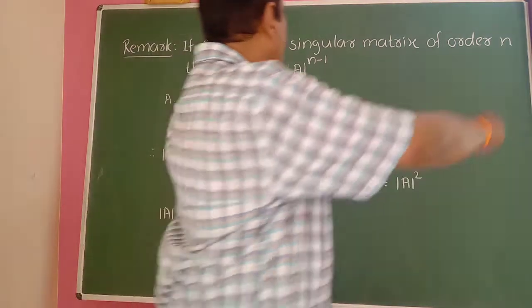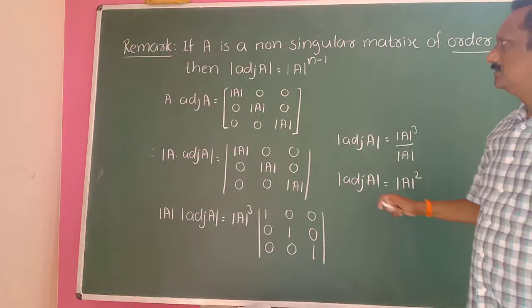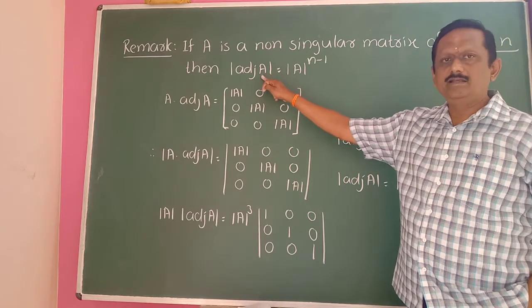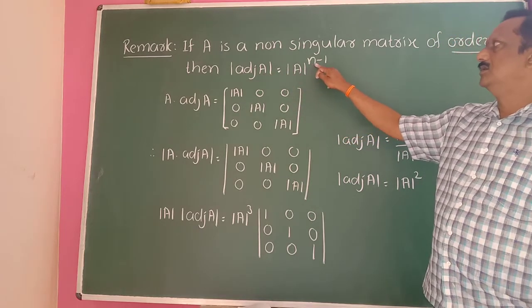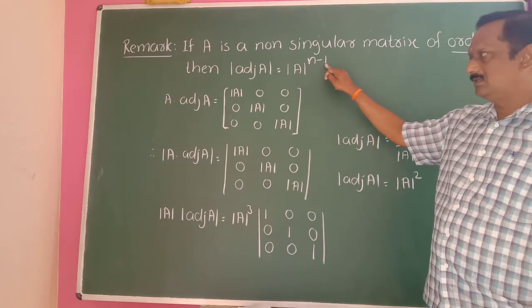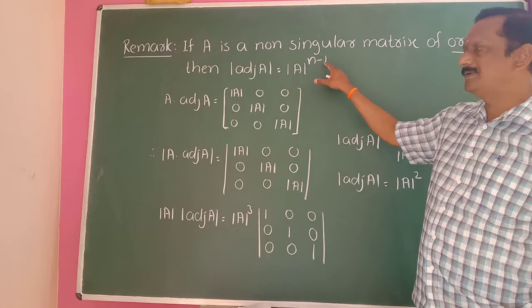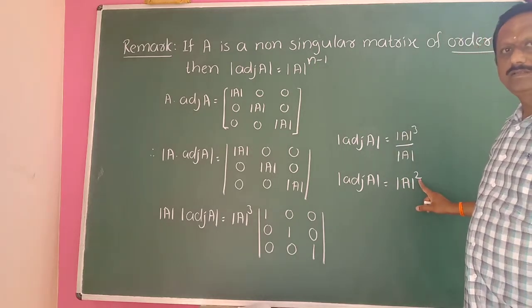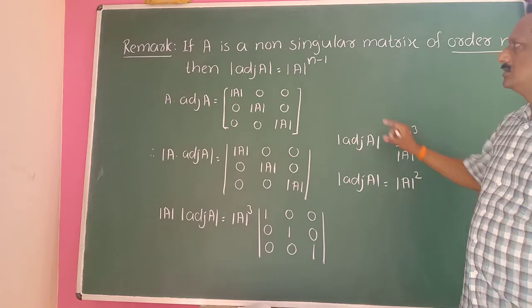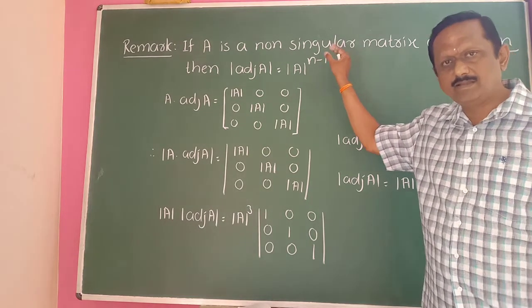If the matrix is of order n, then obviously determinant of adjoint of A is equal to determinant of A raised to n minus 1. Here it is a matrix of order 3, therefore 3 minus 1 becomes 2, so determinant of A raised to 2. This is very important for competitive examinations. Remember it.